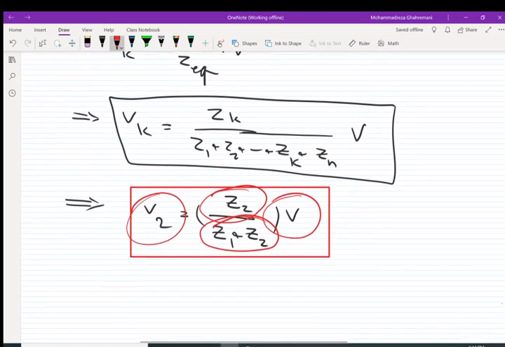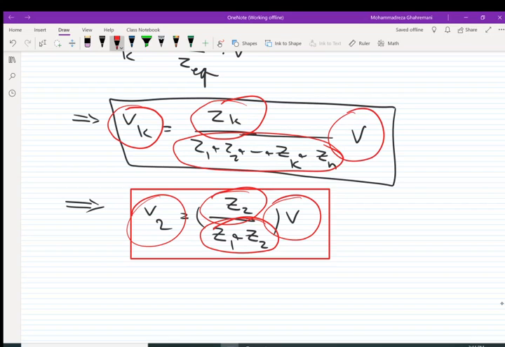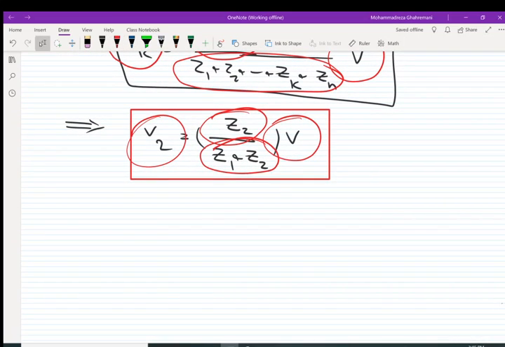Or for more than two elements, the voltage across element number k is the impedance of element number k over the total impedance times the voltage. Okay, so this one is the main formula for voltage division.